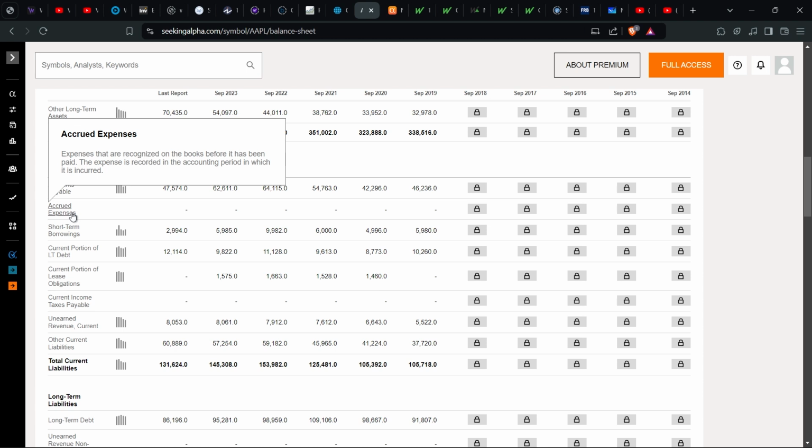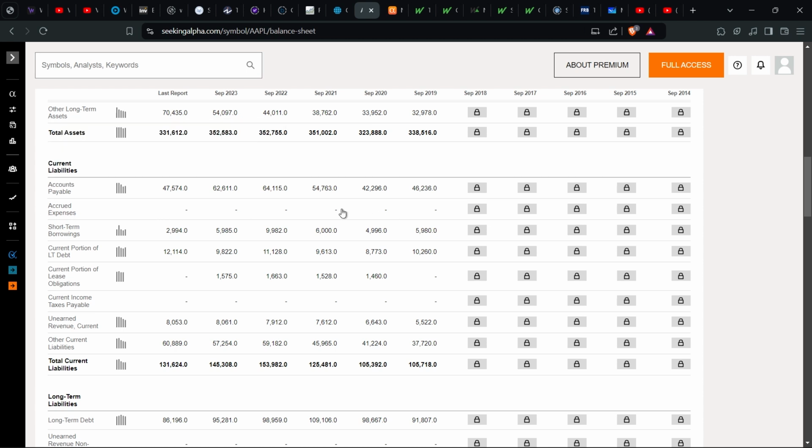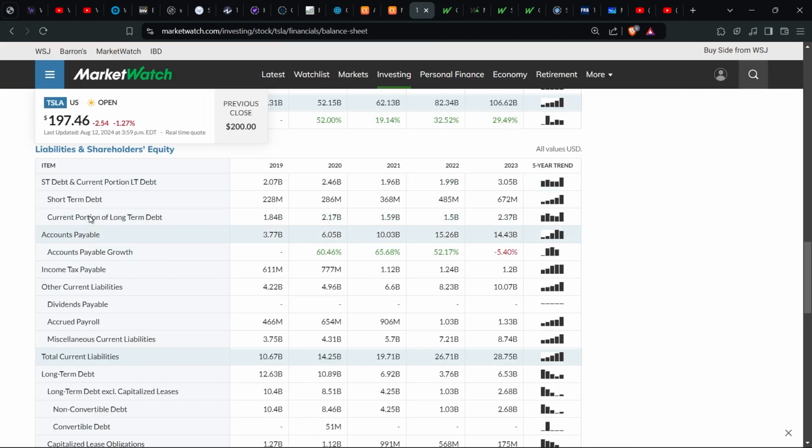Like, for example, let's check a balance sheet that has actual numbers here. This is the balance sheet of Tesla, and as you can see here, this has been specified. Now, they are not all combined into accrued expenses, but rather there's an accrued payroll here. Okay, so this can include employees that have not yet been paid for this accounting year.